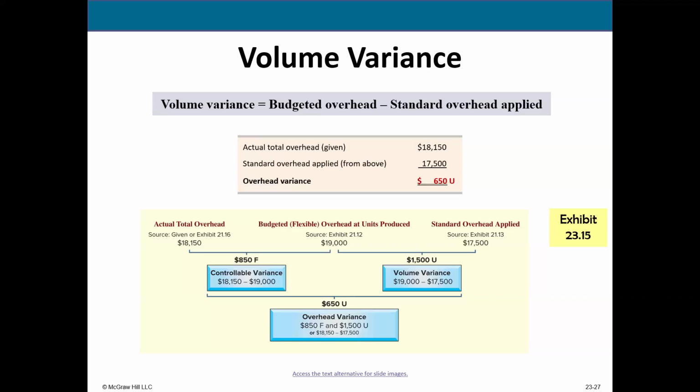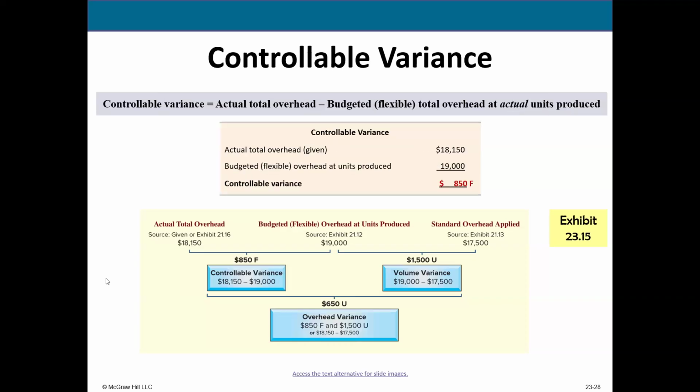So, relatively straightforward. Again, we're taking those very basic formulas that we learned earlier and applying them. Same with the controllable variance, very simple to compute. We take the total actual overhead, actual rate times actual quantity, standard overhead, standard rate times standard quantity, and the flexible budget, actual times the standard.